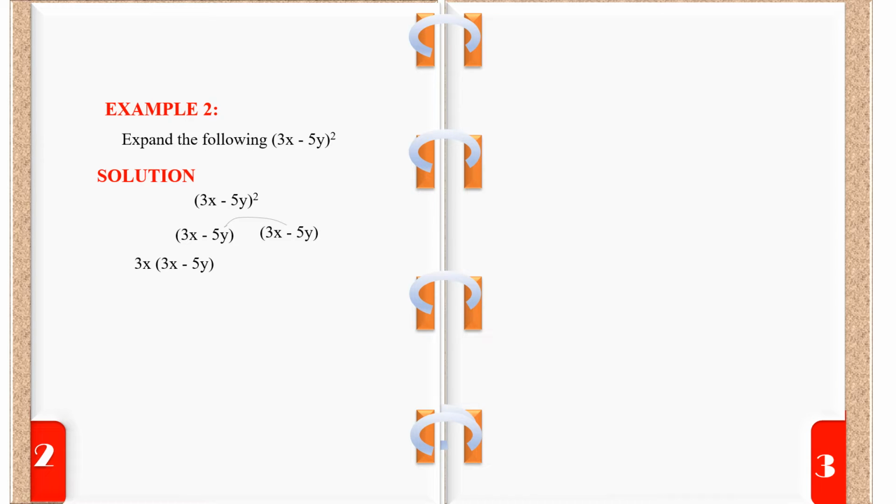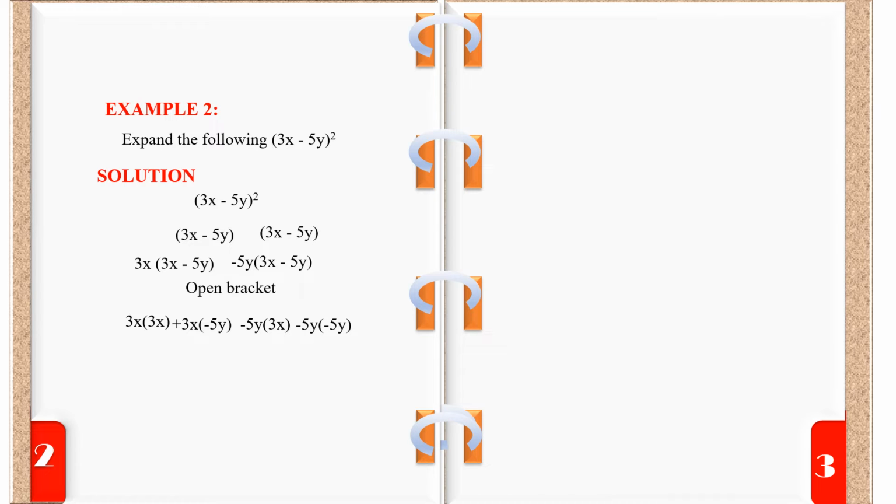We also use minus 5y to multiply 3x minus 5y. Now, we open the bracket. That is, we are using 3x to multiply 3x. Then 3x will be used to multiply minus 5y. Minus 5y will be used to multiply 3x. Then minus 5y will be used to multiply minus 5y.